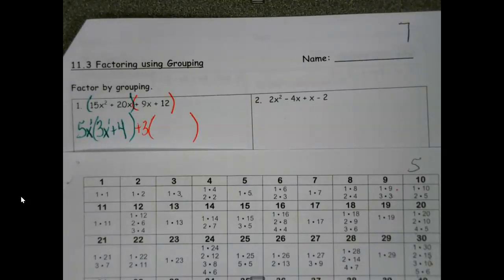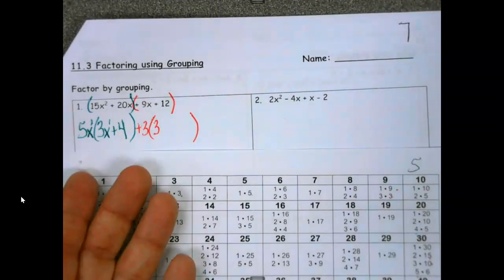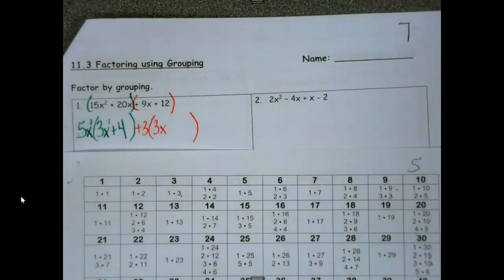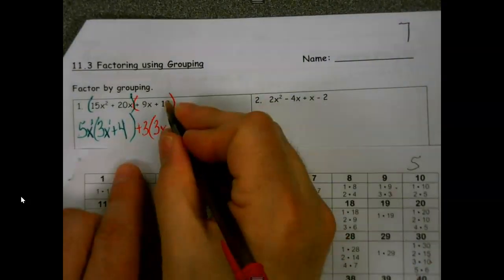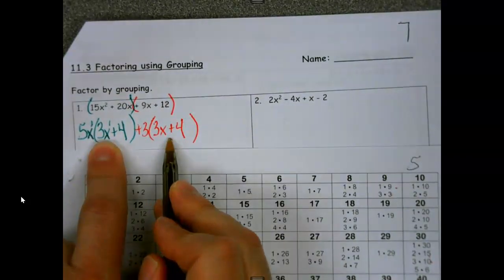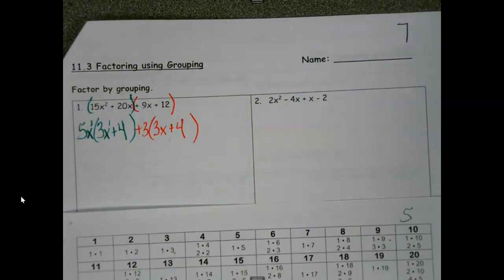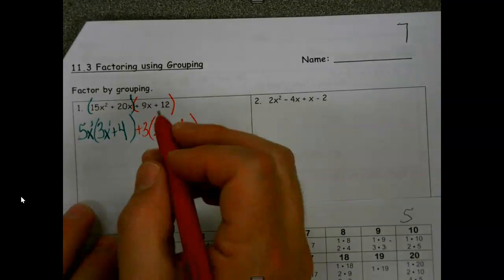And so now let's see if it worked. 9 divided by 3 is 3. Nothing to cancel out my x, so my x is still there. 12 divided by 3 is 4. They're the same. Whoop, whoop. And we're just factoring on this side.